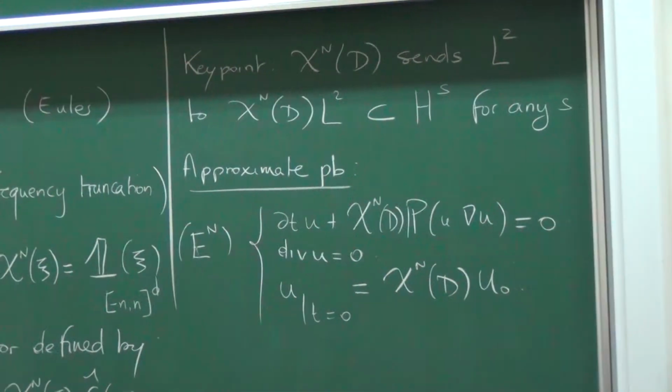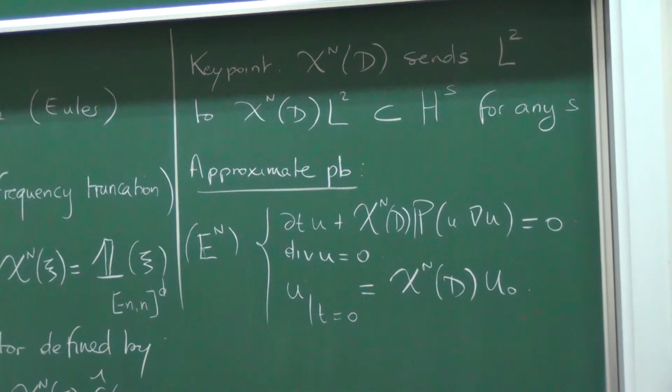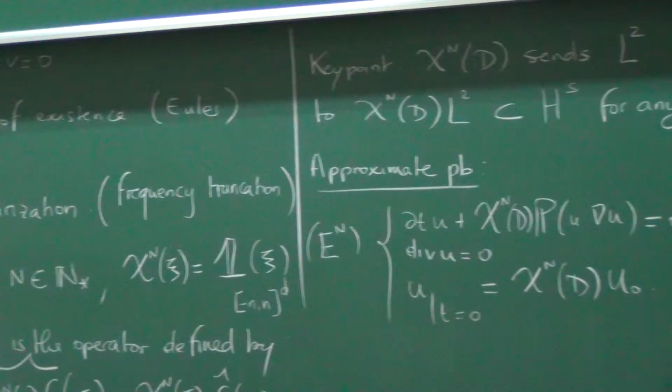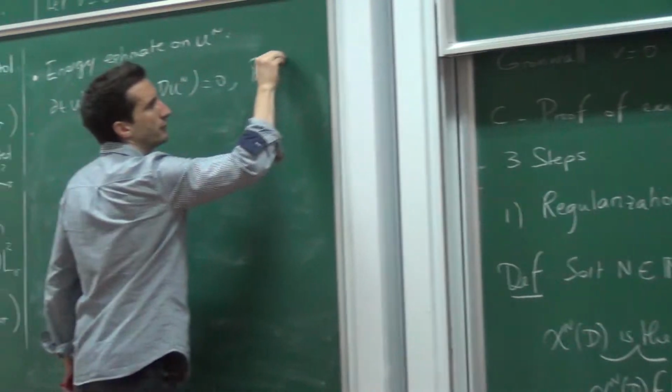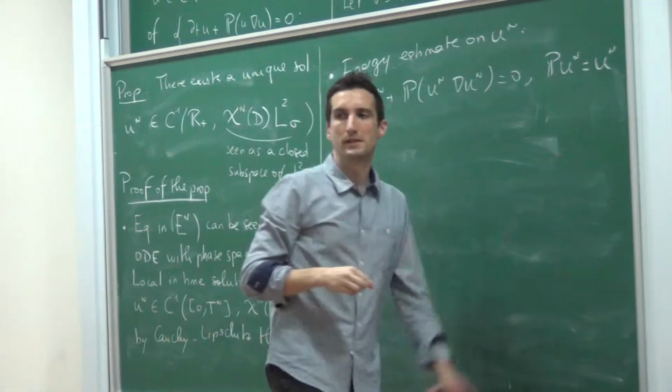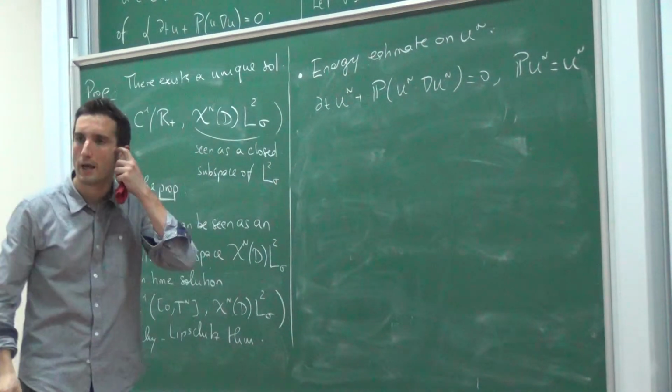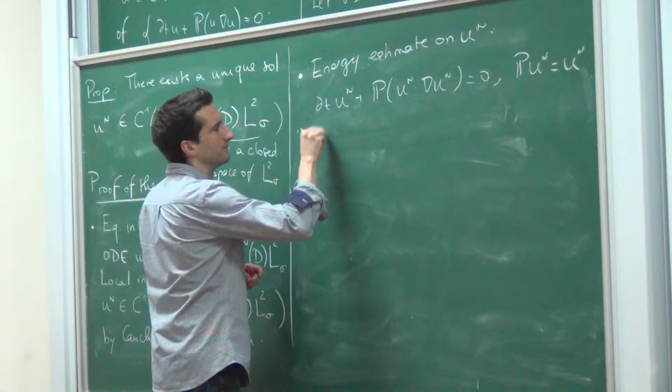Okay, so I have dt un plus p of un dot grad un equals 0. The divergence-free condition gives me this. I multiply by un, integrate again.